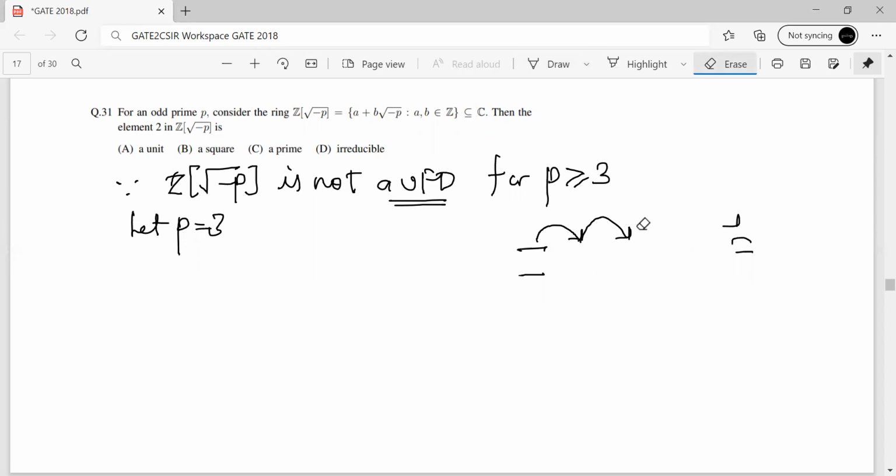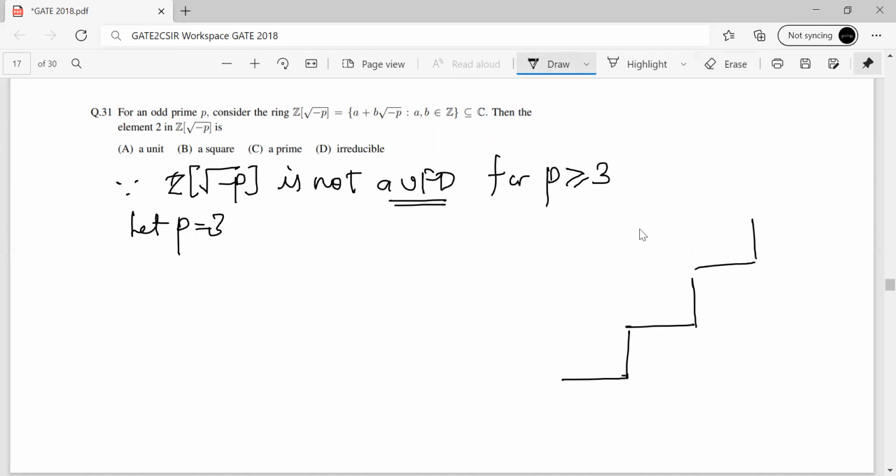Instead of writing this, let me draw the correct sequence: integral domain, UFD, PID, ED, field. It is not a UFD, which means it will not be a PID, not an ED, and not a field, because it failed at step 2 only. So it is just an integral domain.